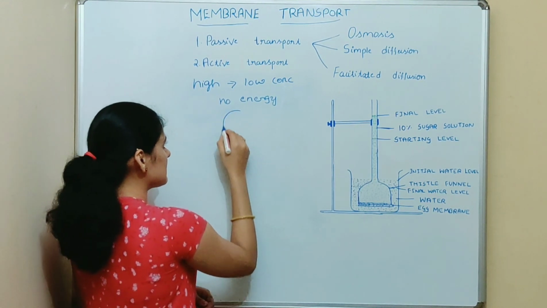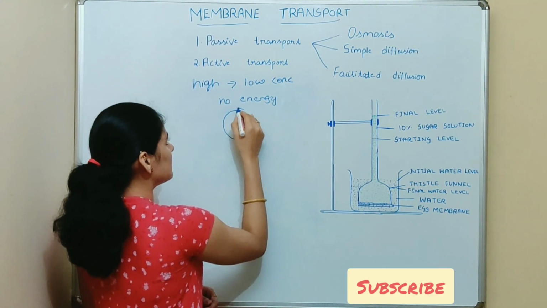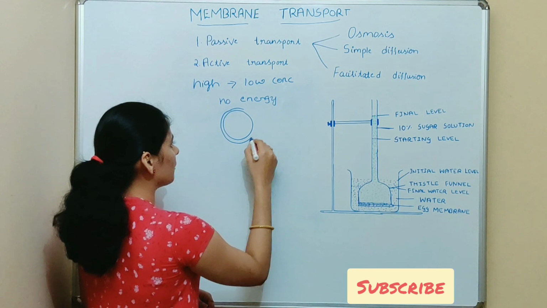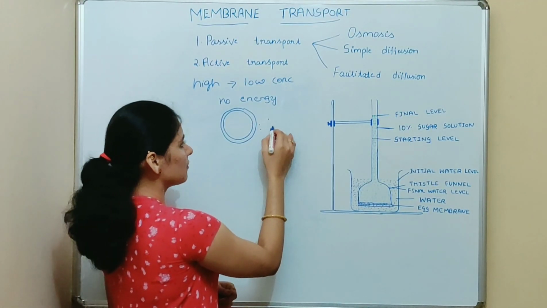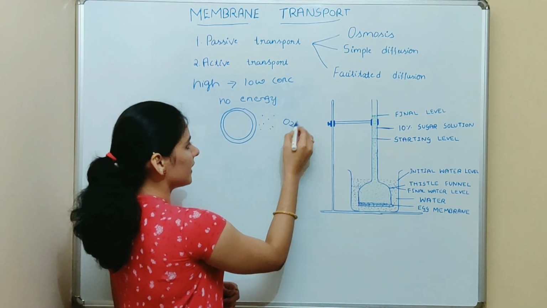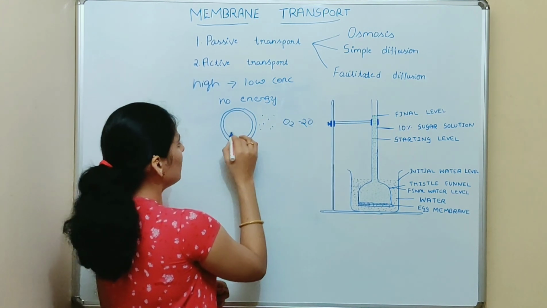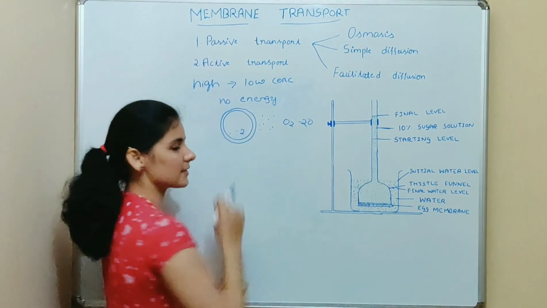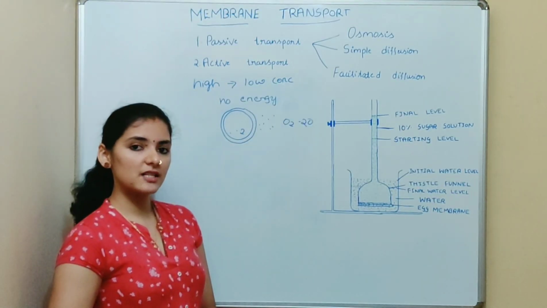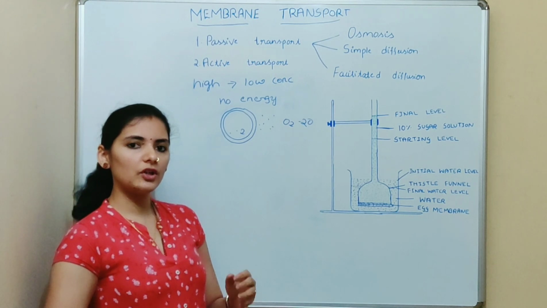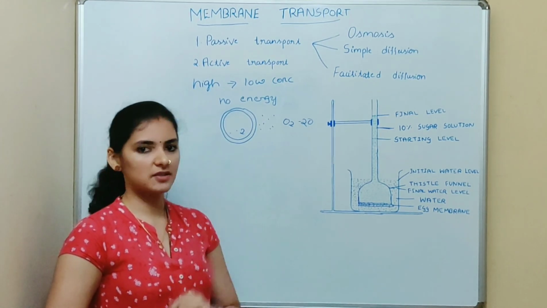So if you imagine this as a cell, and this is a plasma membrane which is present around the cell. Say about 20 molecules of oxygen are present outside the cell and about 2 molecules of oxygen are present inside the cell. According to the definition of passive transport, it is a movement of molecules from a region of high concentration.